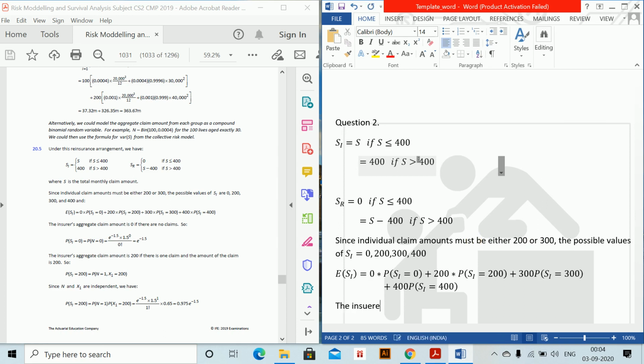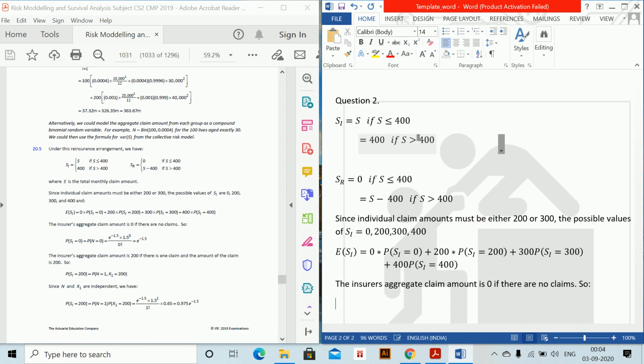Okay, so therefore the insurer's aggregate claim amount is 0 if there are no claims.